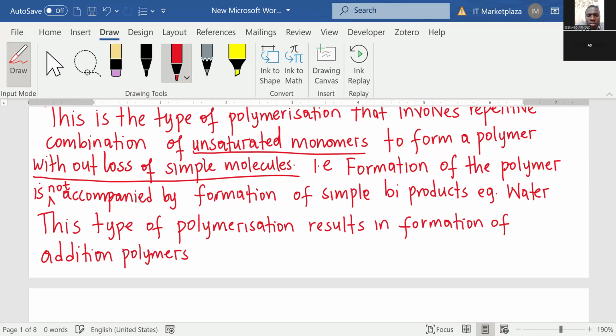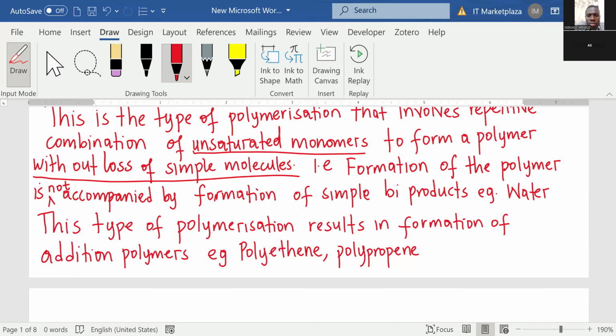Addition polymers like polyethylene. So long as it is from unsaturated monomer, we have polyethylene. There is also polypropylene, which comes from propylene.